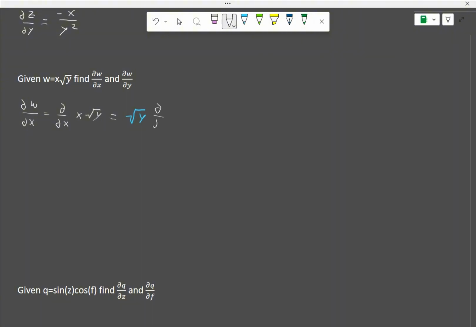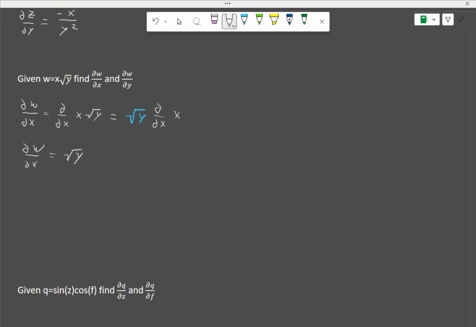And then we just need to take the derivative of x, and that is just equal to 1. So we're left with the partial derivative of function w with respect to x is just equal to the square root of y.